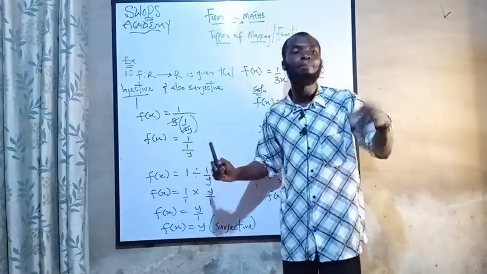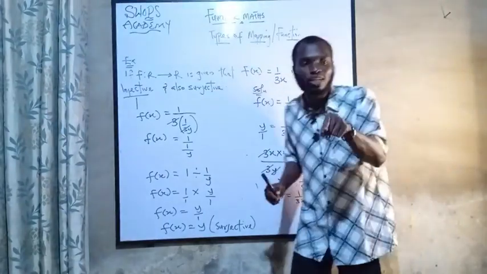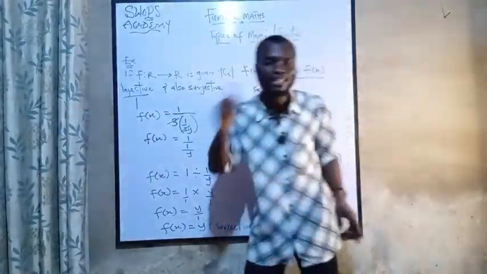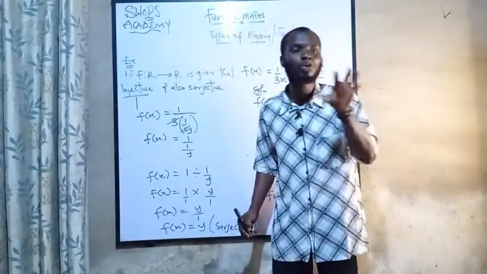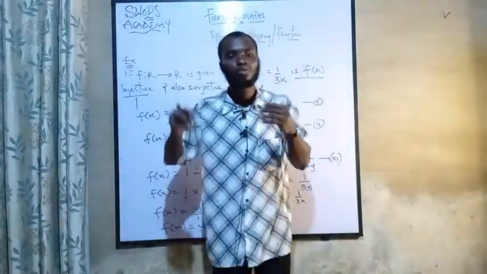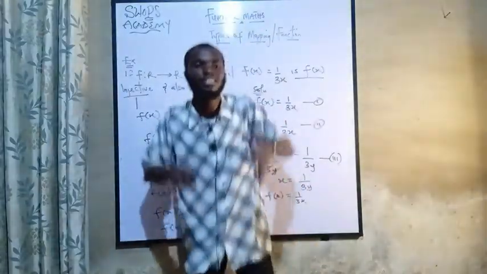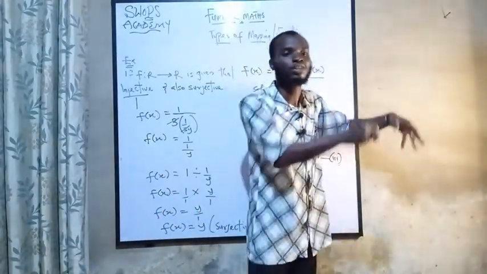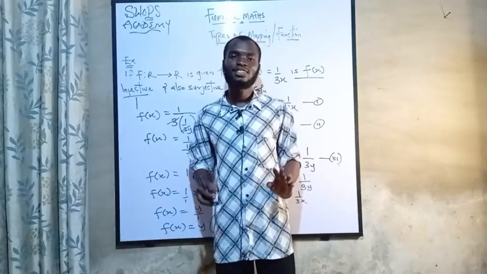I mentioned earlier bijective. When you solve a question and it is injective, and at the same time the same question is also surjective, we call it bijective. So that is that.